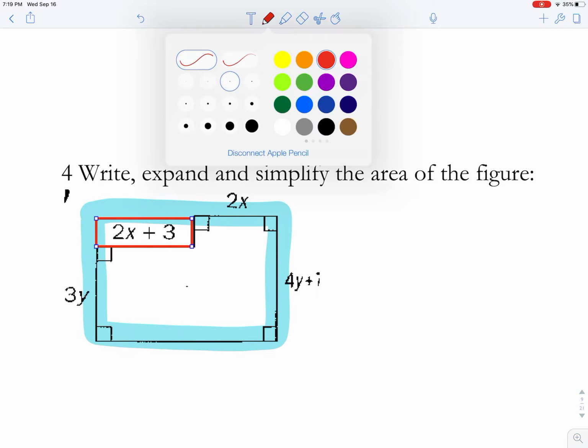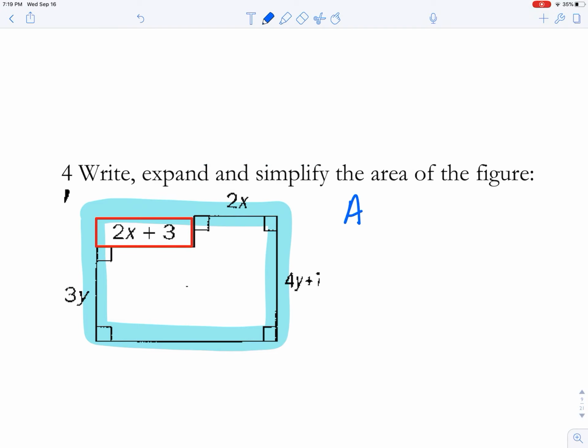So the area of this shape is going to equal the area of the big one, and then I'm going to subtract away the area of the small rectangle.